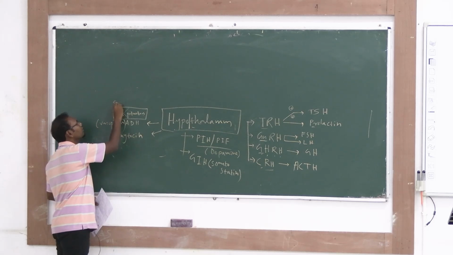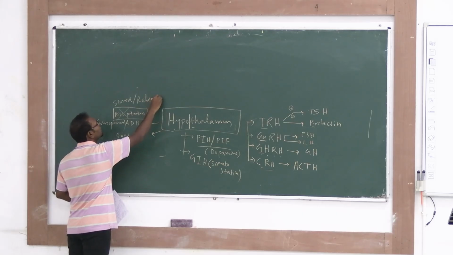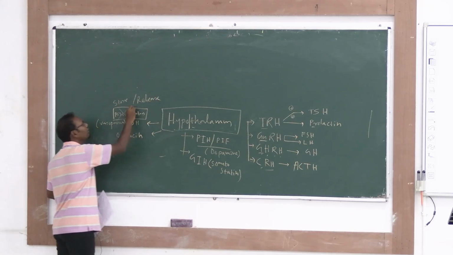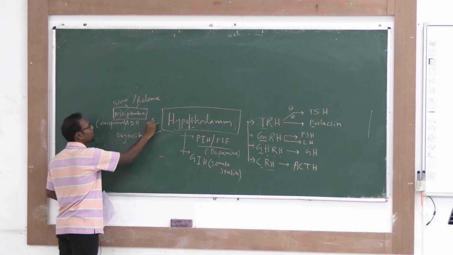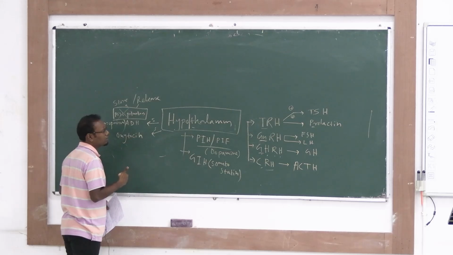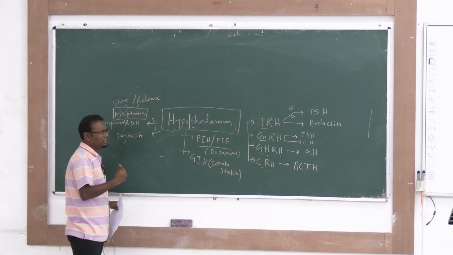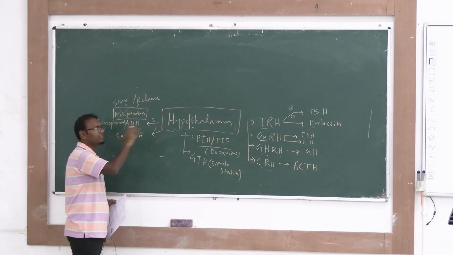It only stores and releases them. But the synthesis comes from hypothalamus only. In case of hypothalamus, not much is needed at your age. Later you will study in detail in surgery and general medicine.